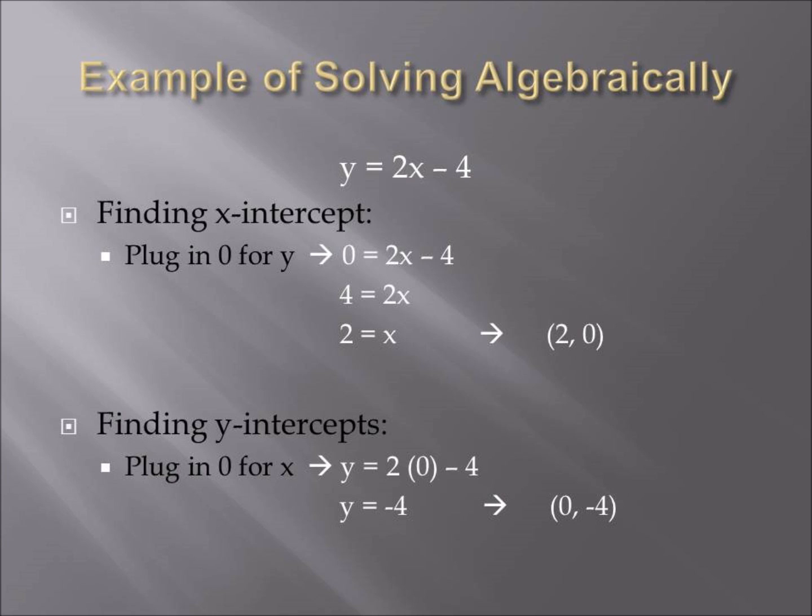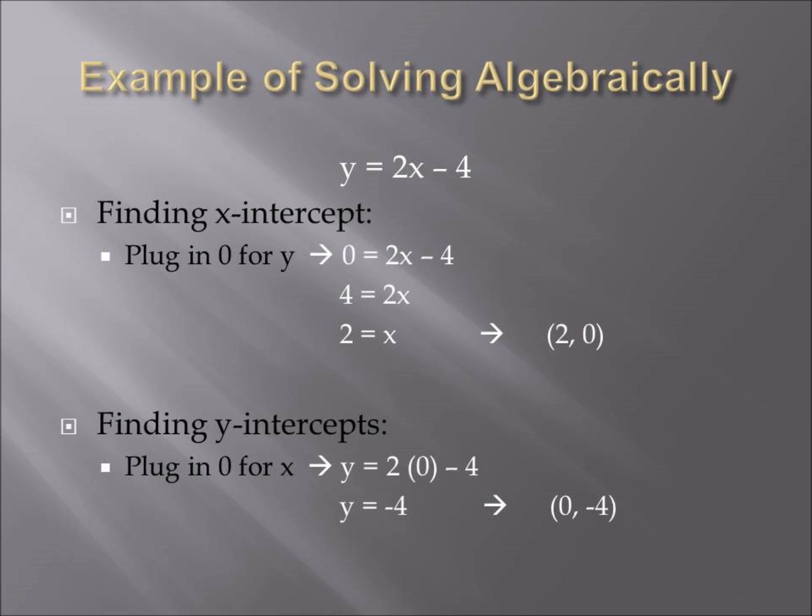Since x equals 2 when y equals 0, we want to once again put it in the form that we did with graphing. We want a coordinate point. So, knowing that x equals 2 when y equals 0, we can just use those numbers. The point is (2, 0). So next we find the y-intercept.